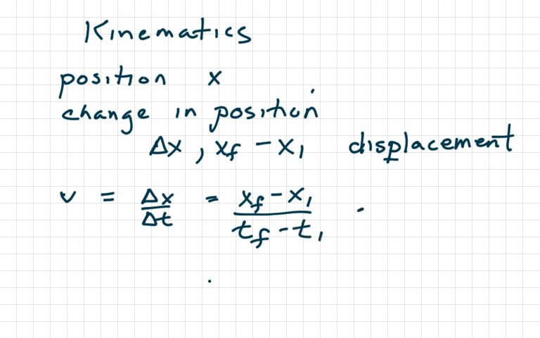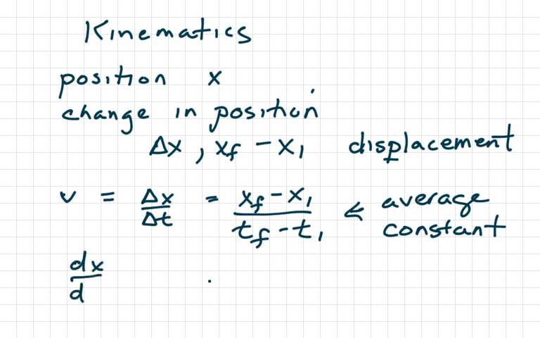And this is for your average velocity, or if it's constant. This is not for an instantaneous velocity when your velocity is changing. For that, we will have to take the derivative. So if we want the instantaneous velocity, we will use dx dt. So that's for v instantaneous. I'll put a subscript i.